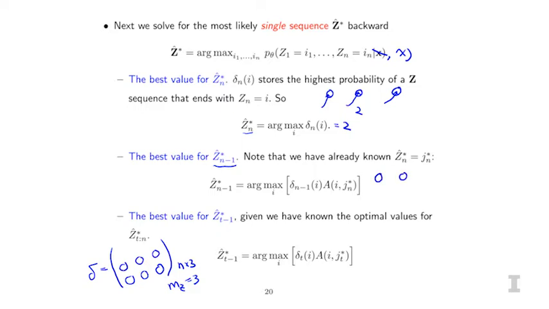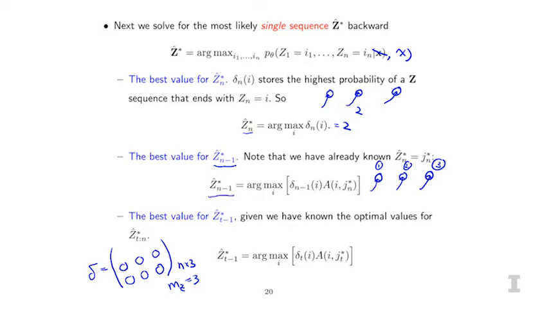There are 3 values here, and each of the values represents the joint probability of z and x all the way from time 1 to time n-1, where z_{n-1} ended with 1, 2, or 3. So apparently whichever is the largest could be the value for z*_{n-1}.